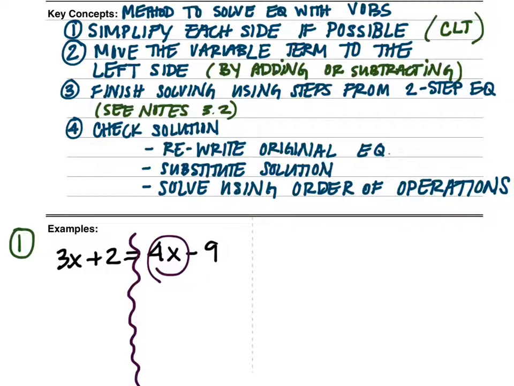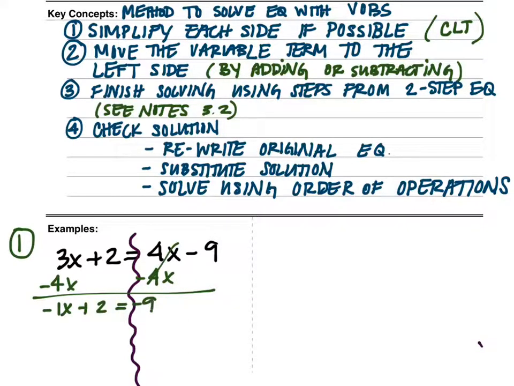And in order to get rid of it on that side, I'm going to either add it or subtract it. Now I have a positive 4x. So that's telling me I want to subtract 4x from both sides. So that cancels out and I am left with a negative x plus 2 is equal to negative 9.